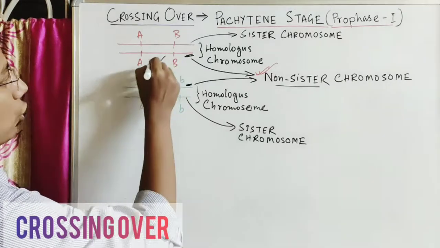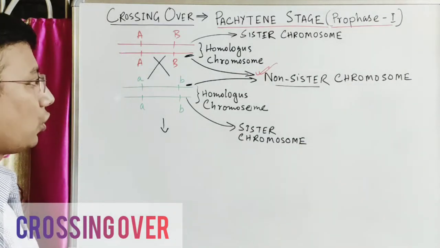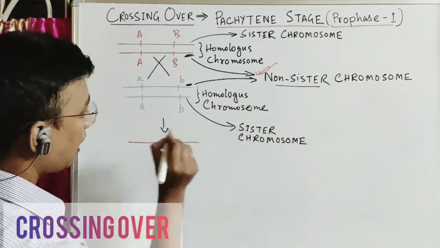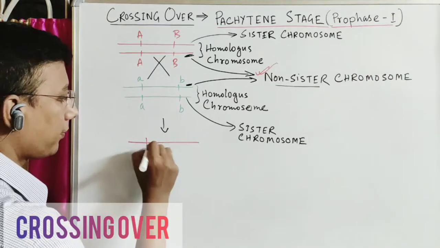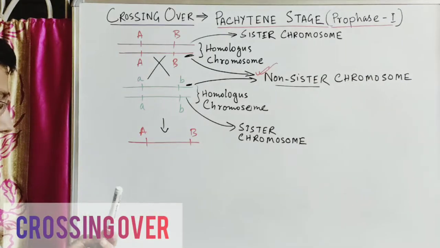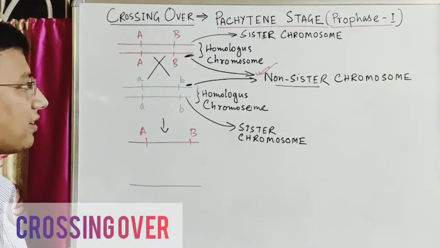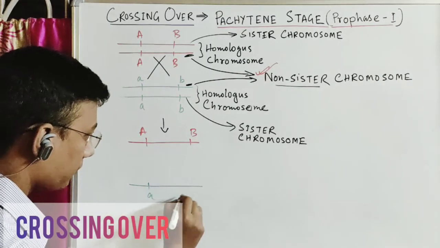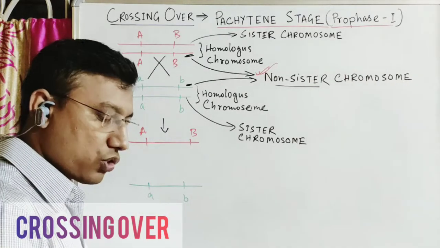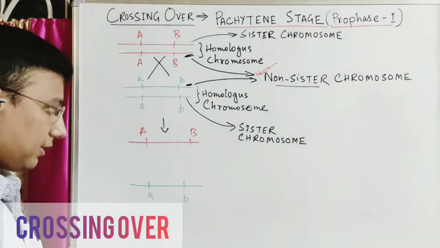If crossing over happens in these two, so ultimately what we will get is that one sister chromatid, and that is another sister chromatid, and now crossing over will occur.